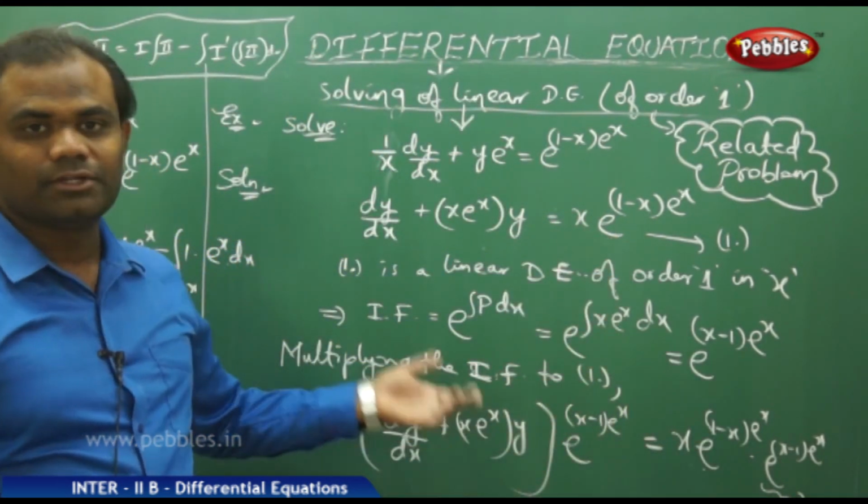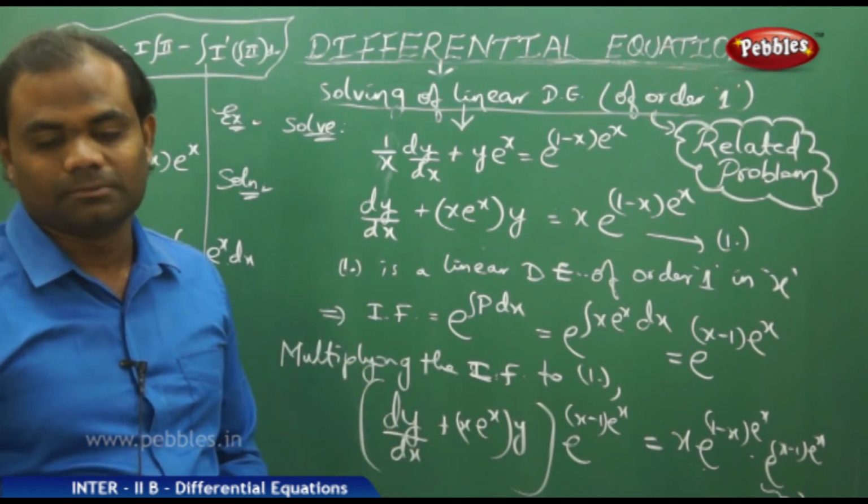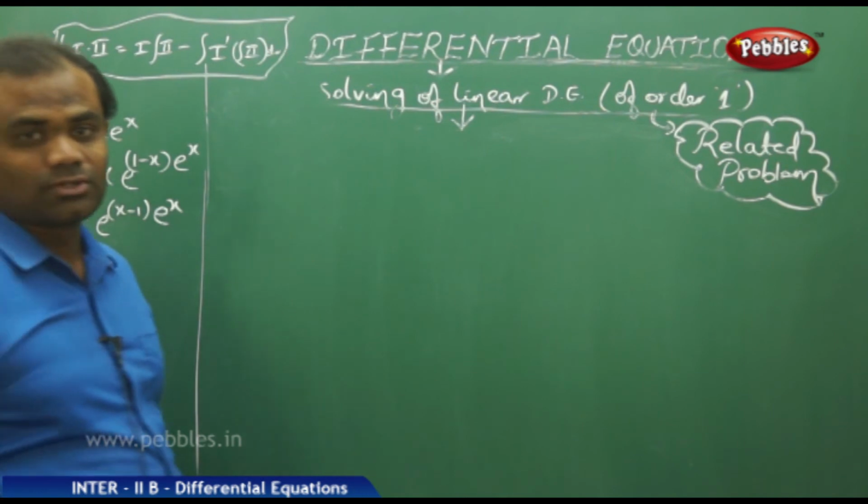Now this integrating factor, when multiplied on both sides of equation 1, reduces to the formula.